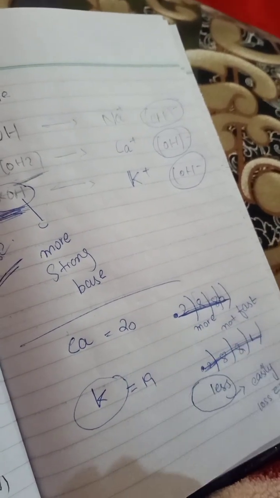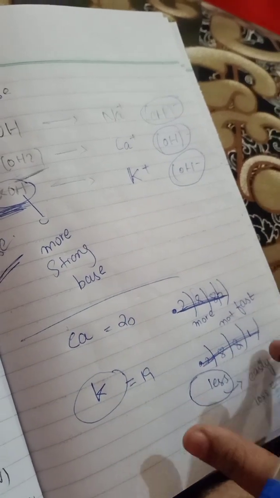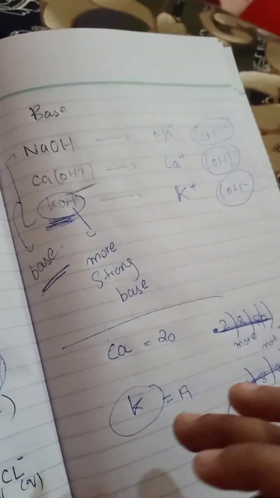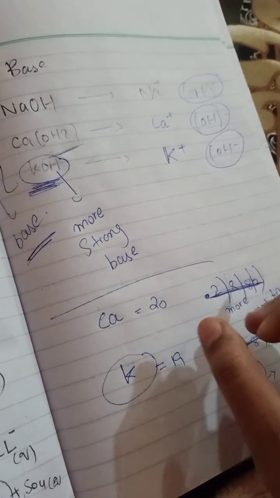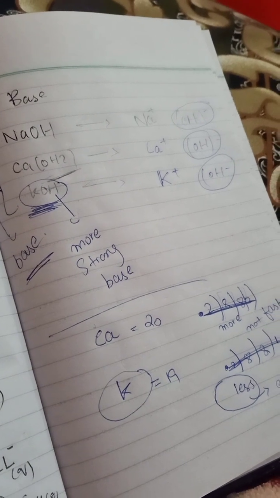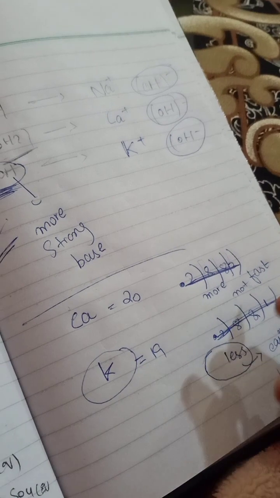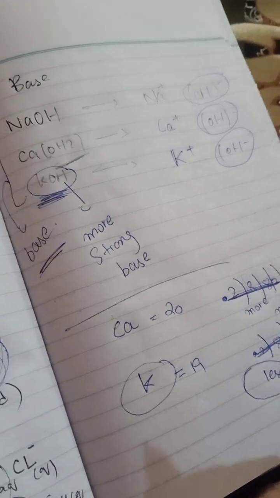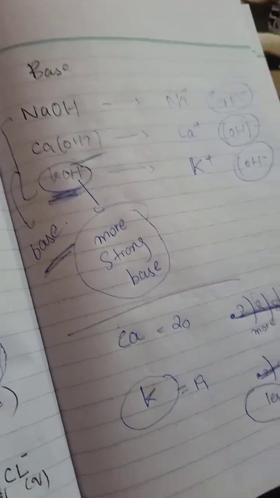So potassium is the stronger base, just because it can easily lose electrons. Calcium has more nuclear effect, so it releases the ions only after some time. That's why we call potassium a strong base as compared to calcium.